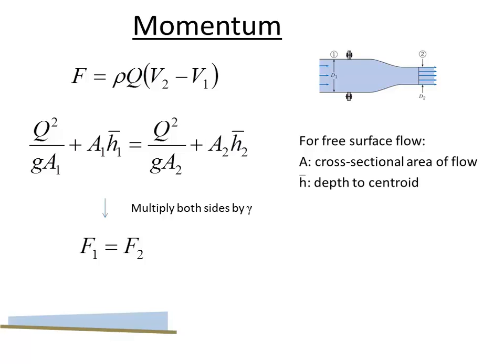Now this expression, Q squared divided by gA, let's take a look at what the units are for that. Is it A squared or just A? A, thank you. It's A. All right, Q squared would be meters to the sixth over seconds squared, because it's cubic meters per second and we squared that. g would be meters per second squared, so I put the seconds in the numerator and meters in the denominator because g is itself in the denominator.